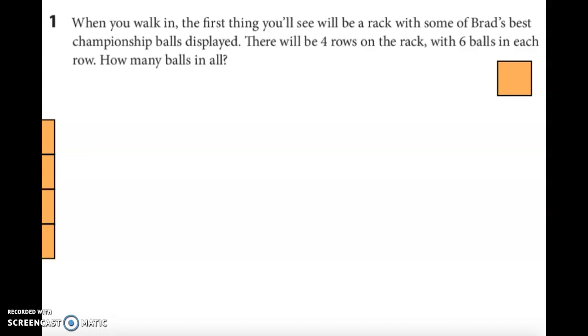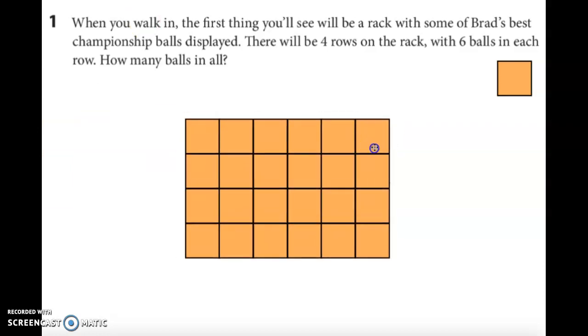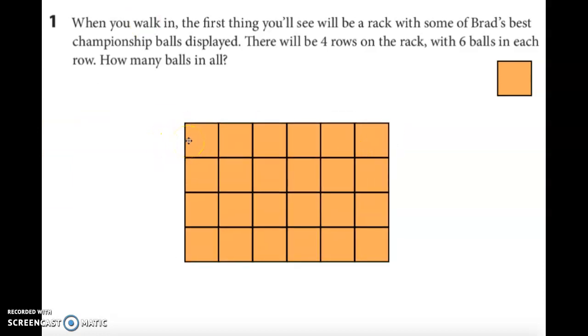All right, hopefully you finished that. Here is my finished product. Hopefully yours looked a little something like this. It had 4 rows right here with 6 balls in every single row.